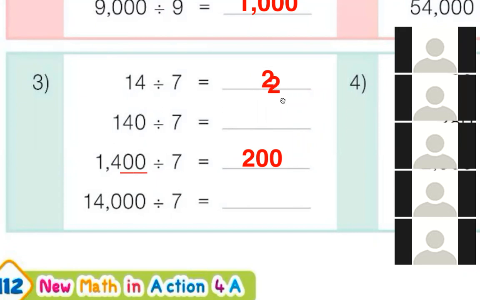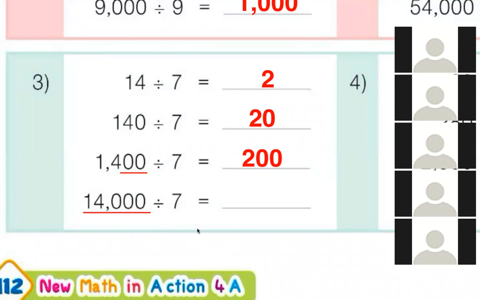Tete, one more, please. No, that one is not the next number sentence, Tete. Read this number sentence. How do we read this number? 1,400.